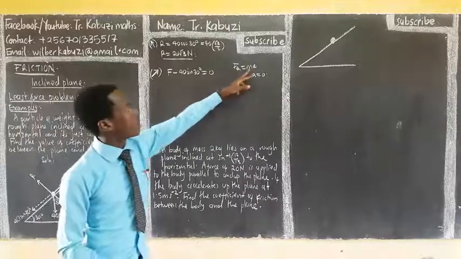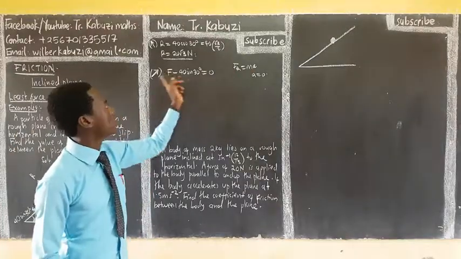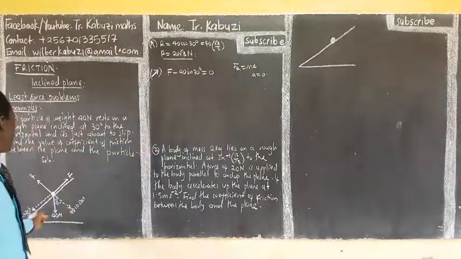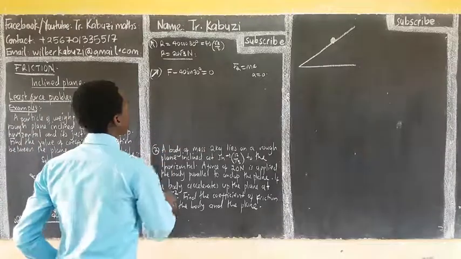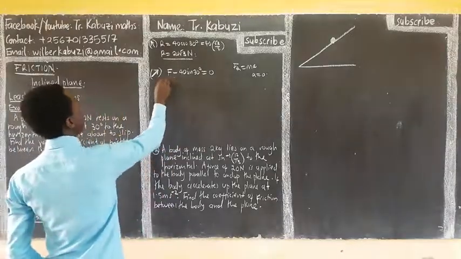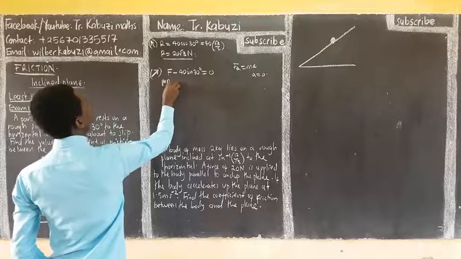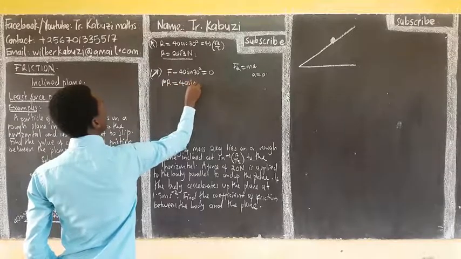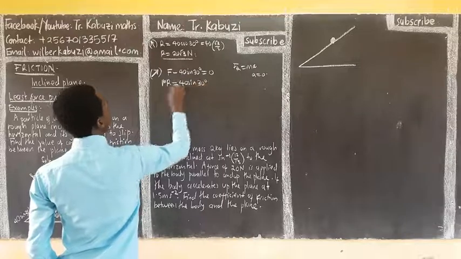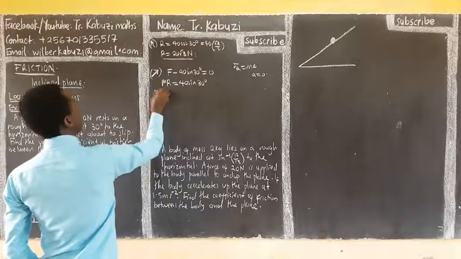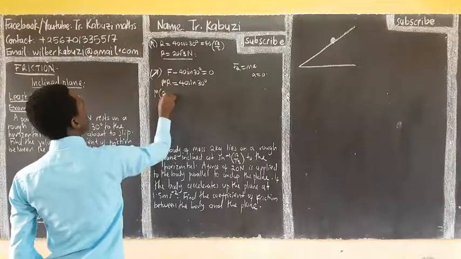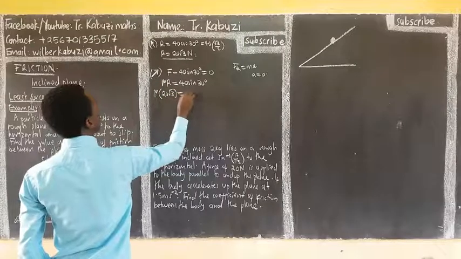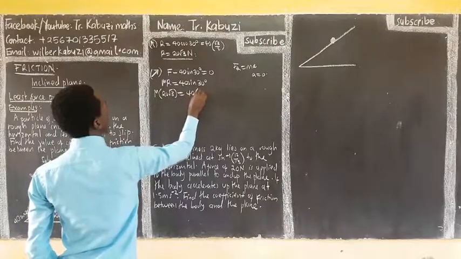That's why the resultant force, this minus this, is equal to zero. And remember, this one is mu R, so mu R is equal to 40 sine 30 degrees. Our mu is what we are looking for. Our R is 20 root 3, equal to 40 into a half.